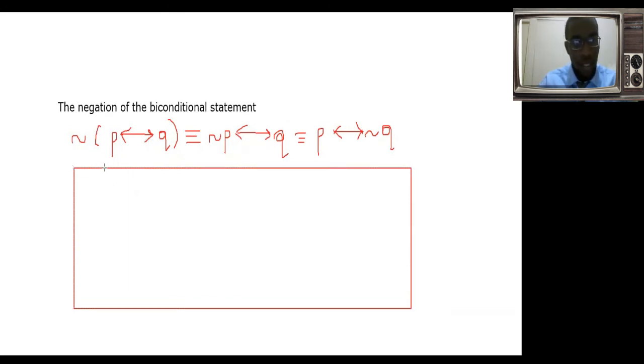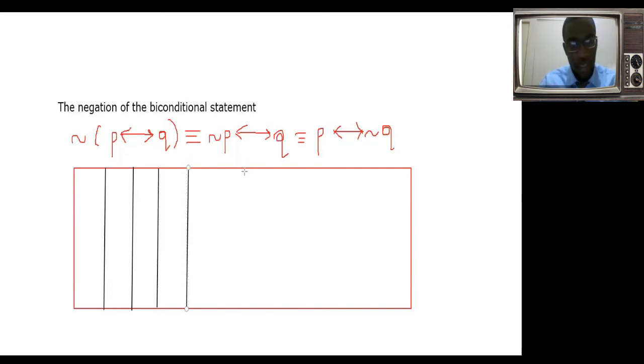We're going to need P, we're going to need Q, we're going to need not P, we're going to need not Q, then we're going to have the biconditional statement of P and Q. We're going to need the biconditional statement of not P and Q. We're going to have the final biconditional statement of P and not Q. So let's put those down.